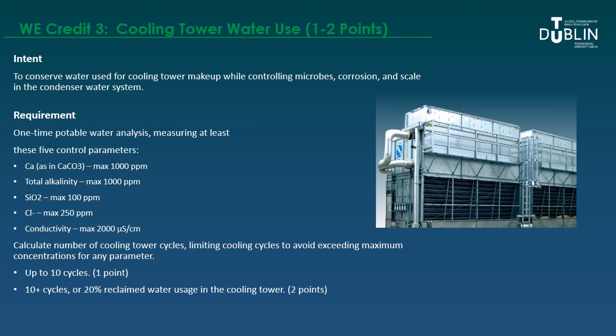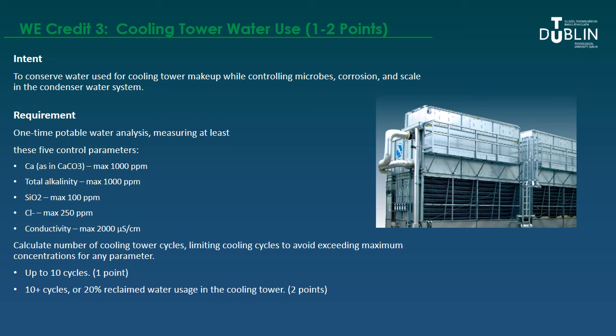And then the third credit is about cooling tower water use. This is quite a specific water use category or credit within this. So it's looking at water that's used for industrial purposes or big systems in buildings. The idea is that you conserve the water for the cooling tower, while also controlling microbes or corrosion and scale in the system.